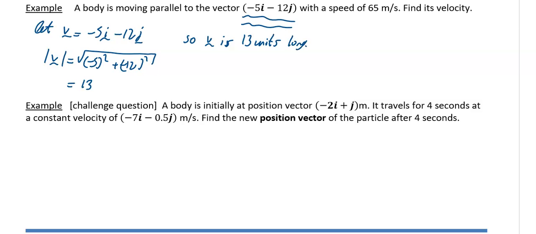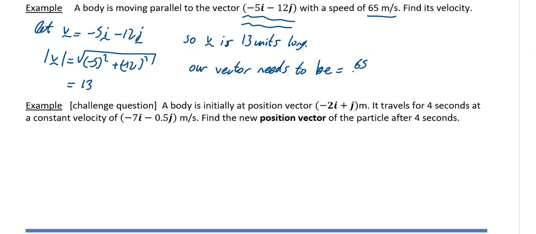So if something is 13 units long, and we want to get it to be 65 units long, what I could do is divide it by 13 and then multiply it by 65. So our vector needs to be equal to, we're going to divide it by 13 and then multiply by 65.